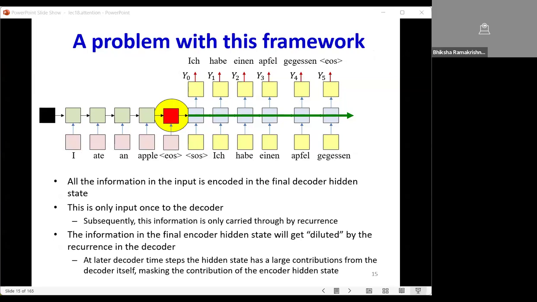So in that case, by the time this recurrence has proceeded through 200 steps, the initial state over here is quite forgotten because the recurrence is getting a lot of stuff being fed in through here, right? And so the input that is being given to the decoder will get progressively diluted. And so towards the end, whatever you generate might not have very much relevance to the input.